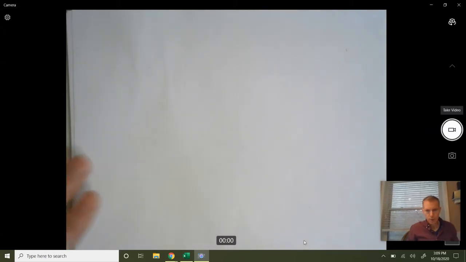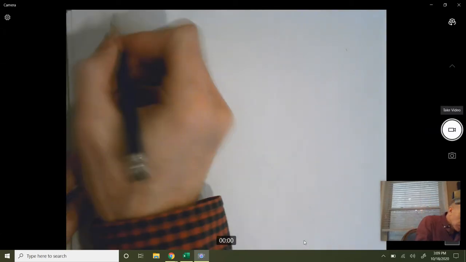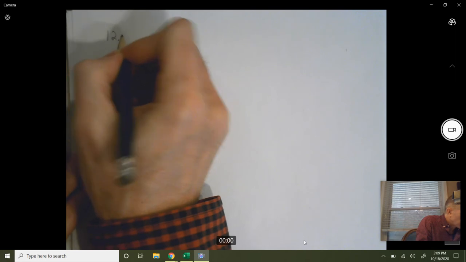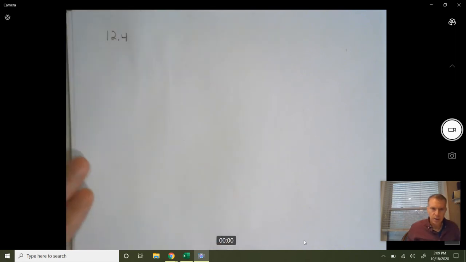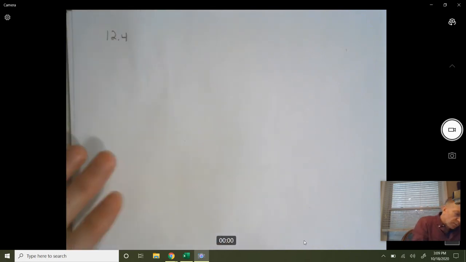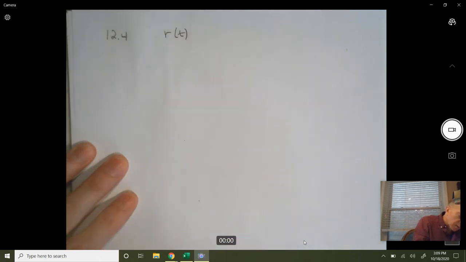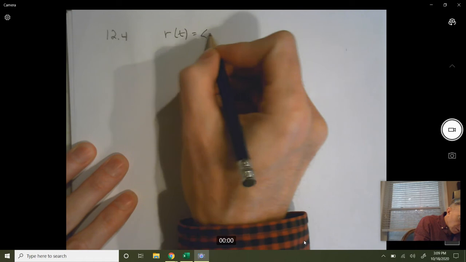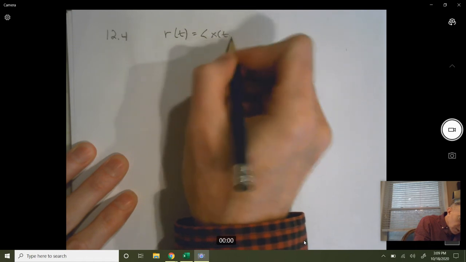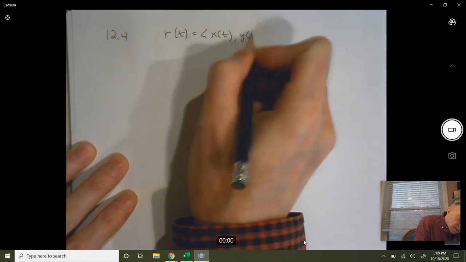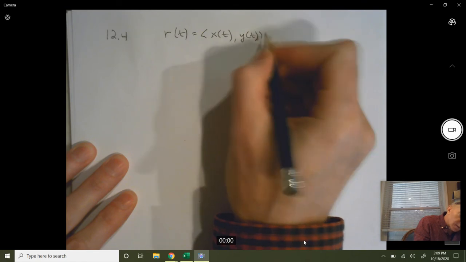All right, good morning. So we're still talking about 12.4, tangent vectors and normal vectors. When we left off, we had talked about how you've got a position vector, which is made up of your three components, the x of t, the y of t, and the z of t.